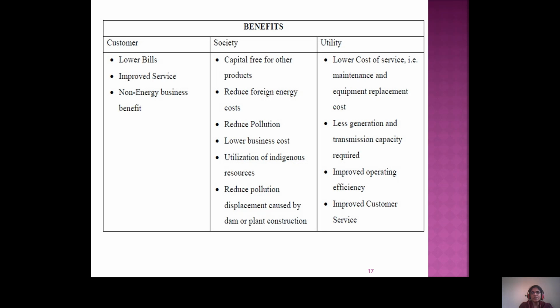These are some of the benefits in demand side management, depending upon the customer, society and utility point of view. That means demand side management reduces energy prices and reduces harmful emissions to the environment also.